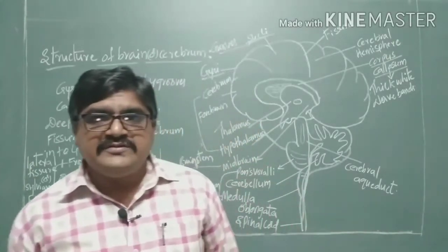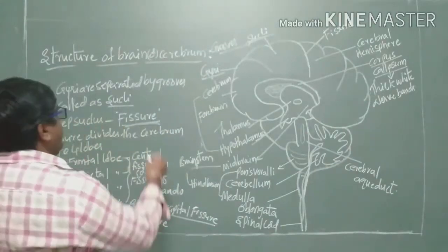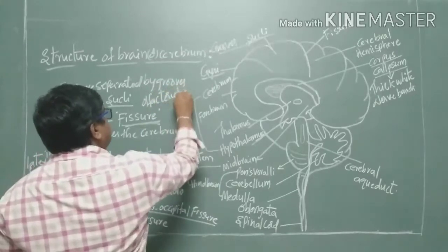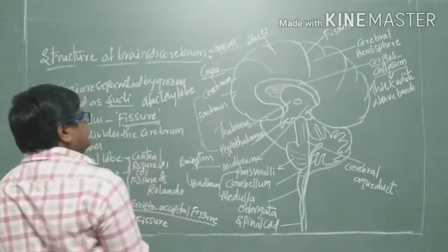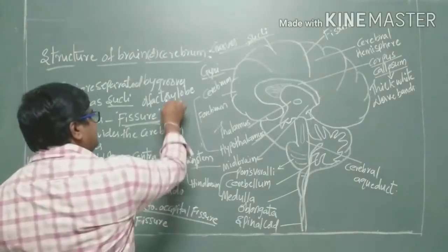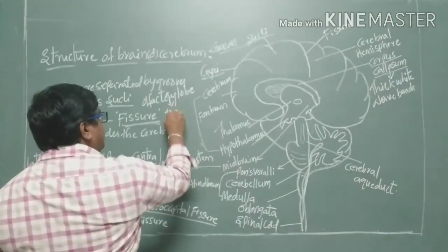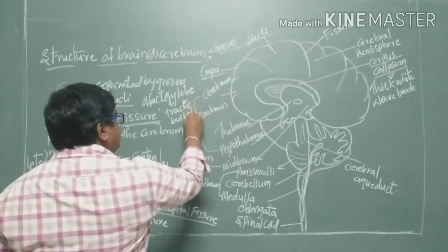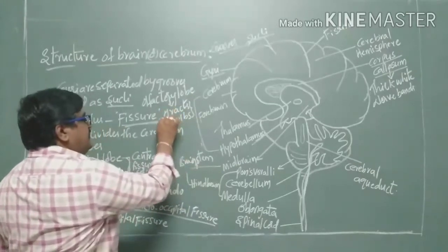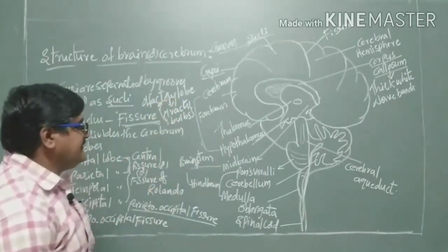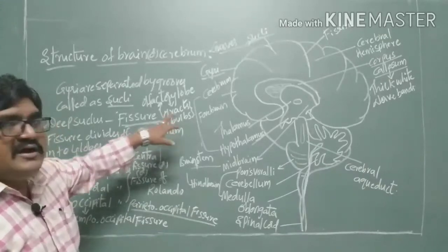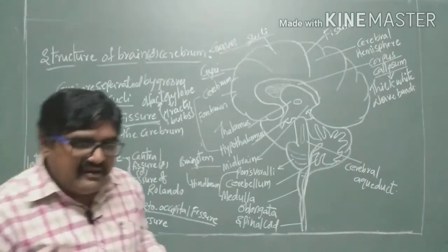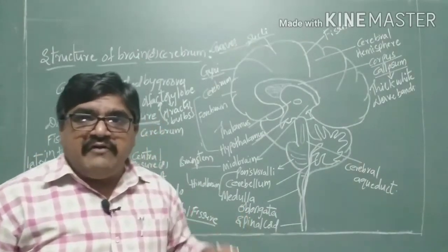These olfactory lobes consist of the olfactory tracts and the olfactory bulbs. The olfactory lobes which are present in humans are not well developed.